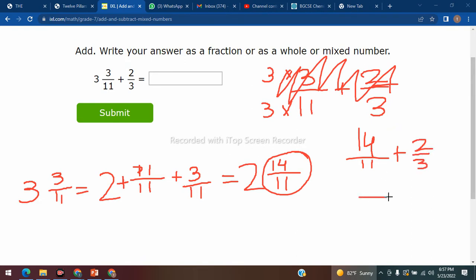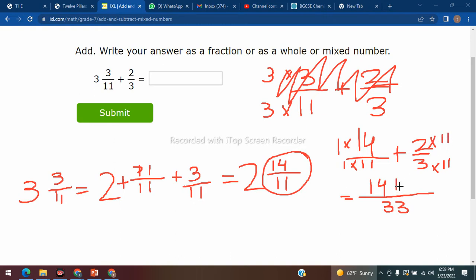The lowest common multiple is 33. We got 33. This is multiplied by 1, so it's 14. This is multiplied by 11. This is multiplied by 11. Wait, what just happened just now?